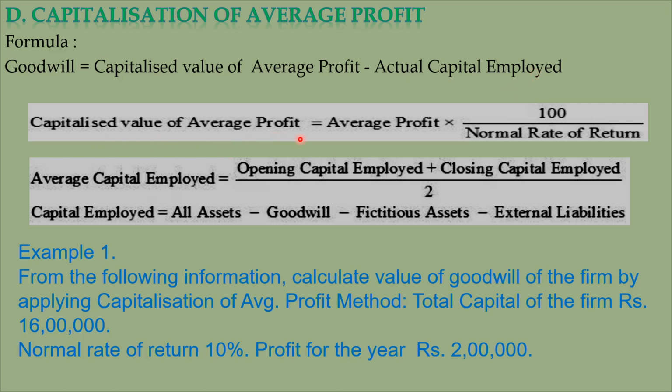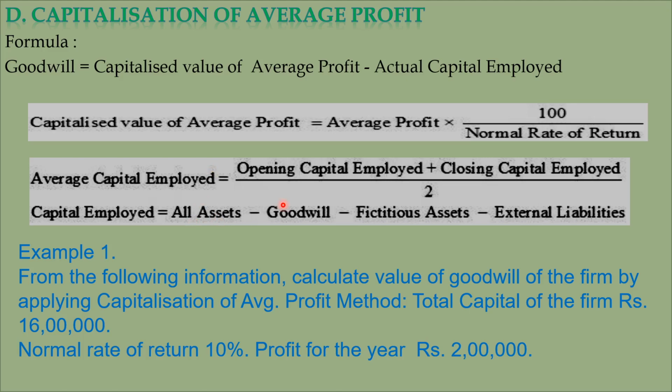Capitalized value of average profit equals average profit into 100 divided by NRR, that is normal rate of return. This is one example which will make it clear, where we calculate the capitalized value of average profit. Another way is capital employed, that is capital investment.